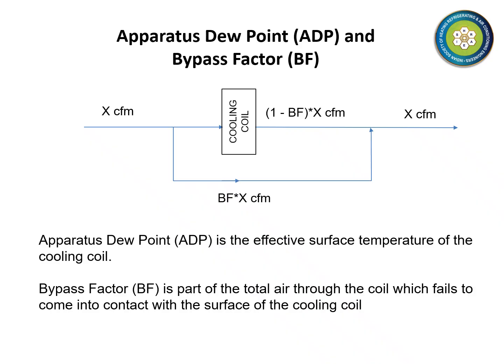Apparatus dew point, abbreviated ADP, is the effective surface temperature of the cooling coil. Bypass factor, abbreviated BF, is that part of the total air flowing through the coil which fails to come into contact with the cooling coil.